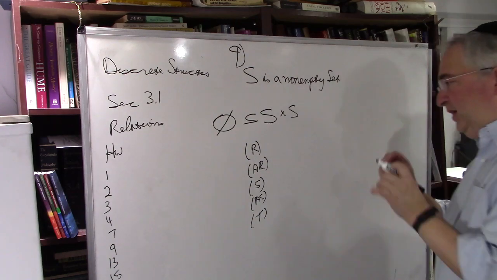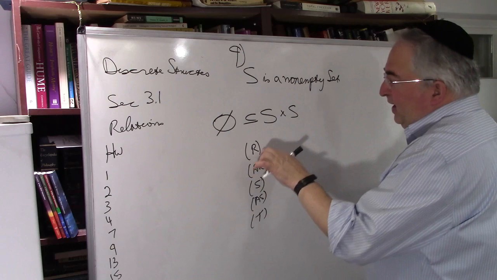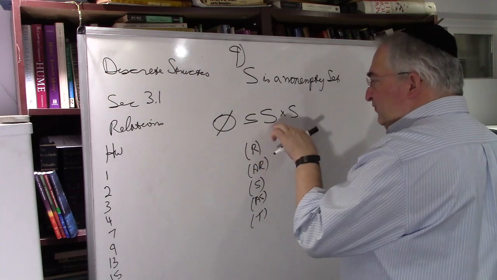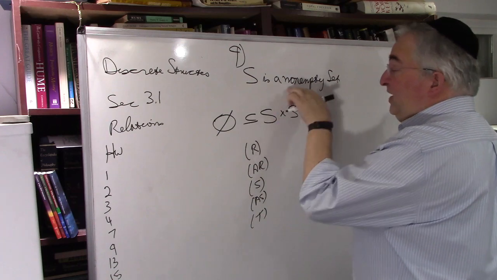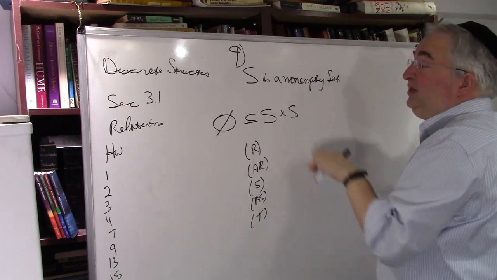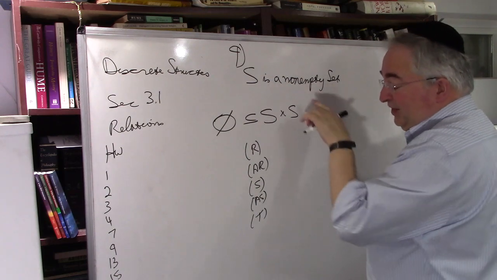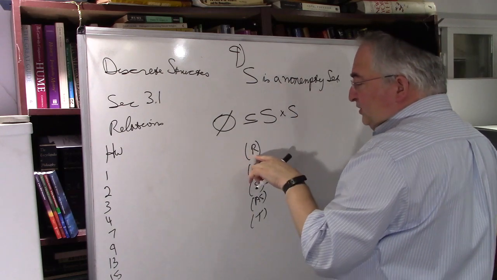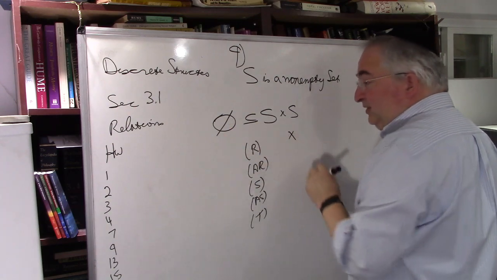Okay, but we really have to be careful about the logic. So, question. What does reflexive mean? It means for every element in S, and there are elements in S. By the way, you get a different answer if S could be empty. So for every element, is it in here? And the answer is no, it's not.